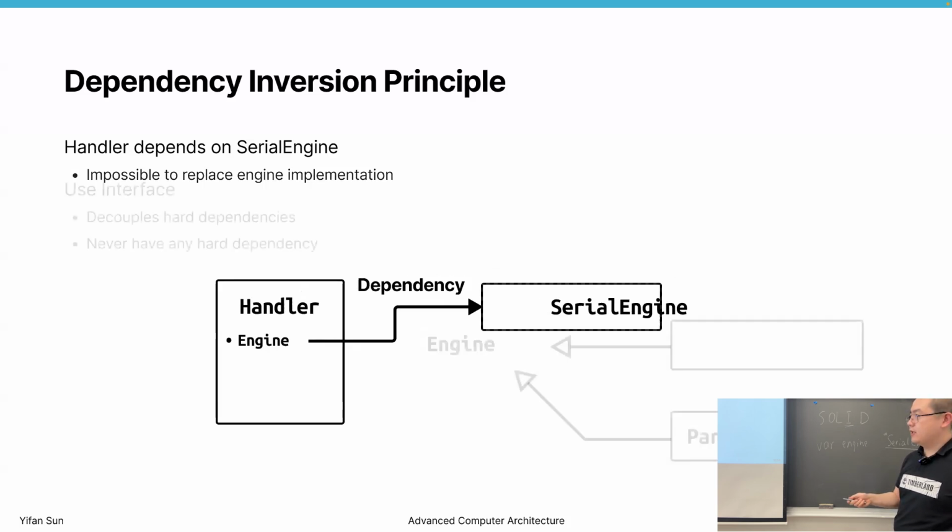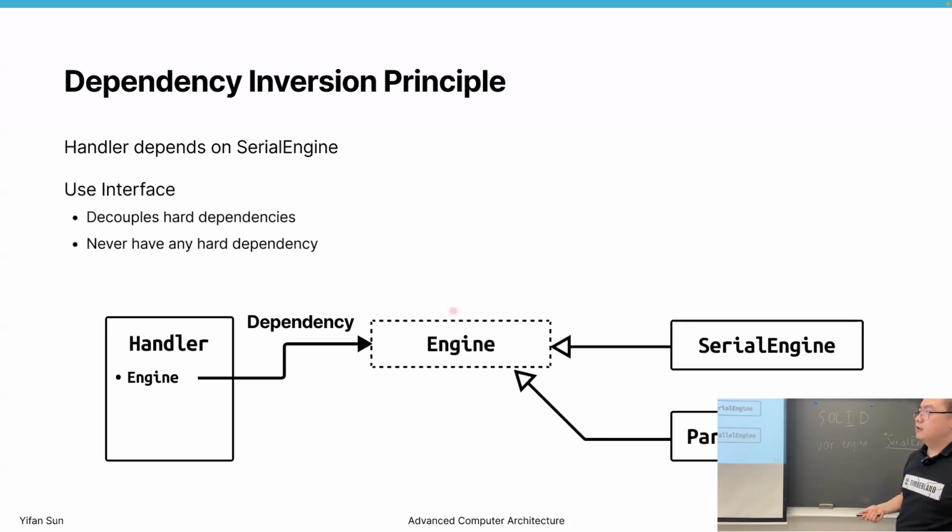What you should depend on, you should not depend on anything that is concrete, but you should depend on an interface, right? So I depend on engine. This is an interface. Then this is an arrow. This arrow is an implement, right?